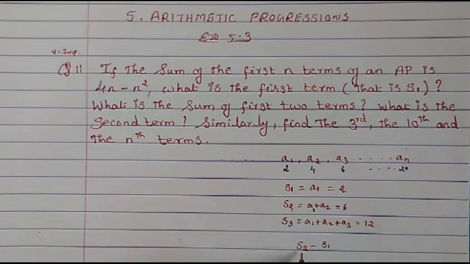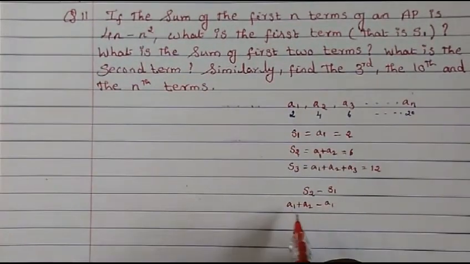S2 is A1 plus A2. Then minus S1. S1 is A1. So what I'll get? A1 plus A2 minus A1. A1 here minus A1 gets cancelled.